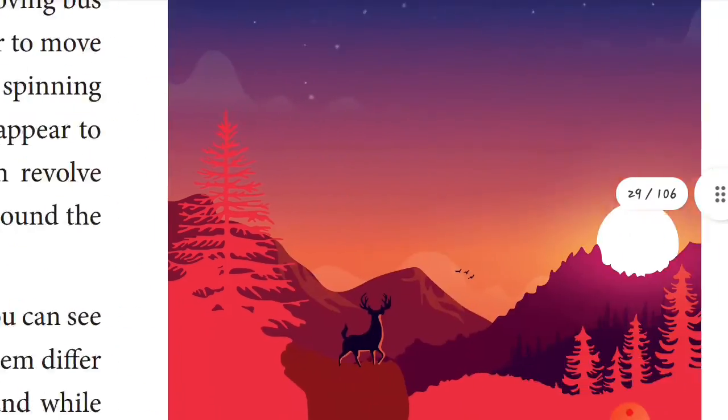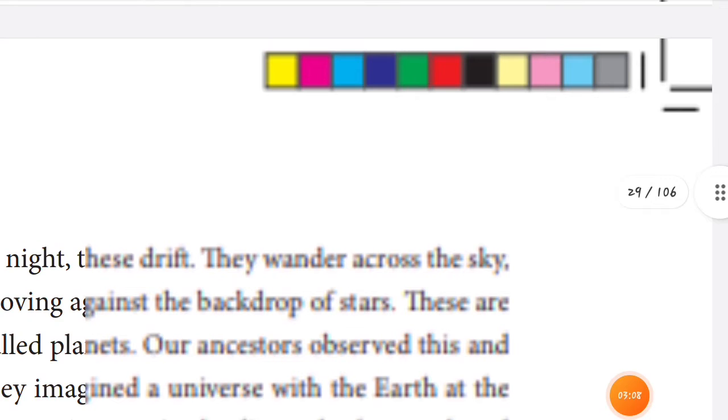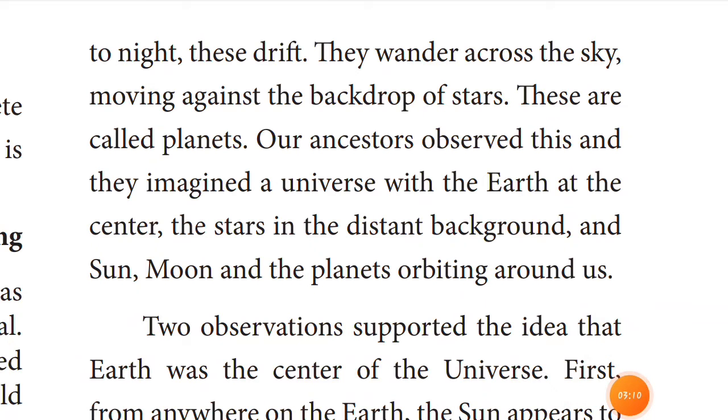See this picture. They wander across the sky, moving against the backdrop of stars. These are called what? Planets.